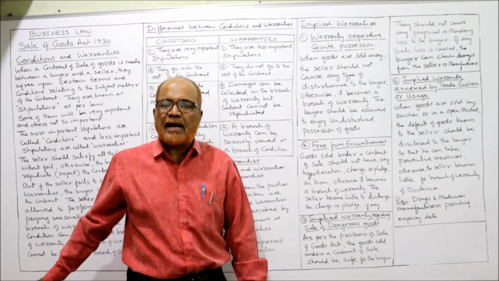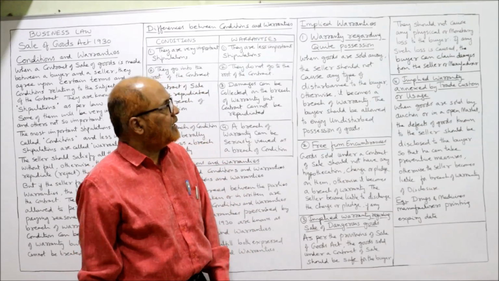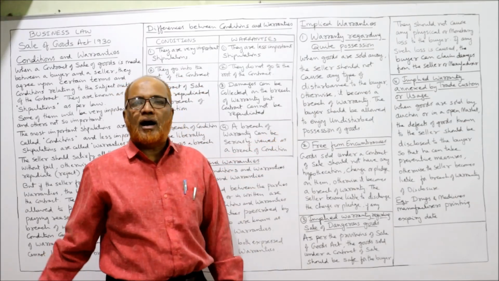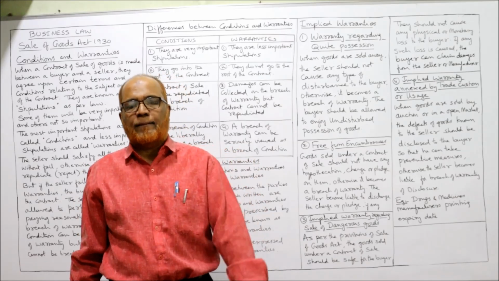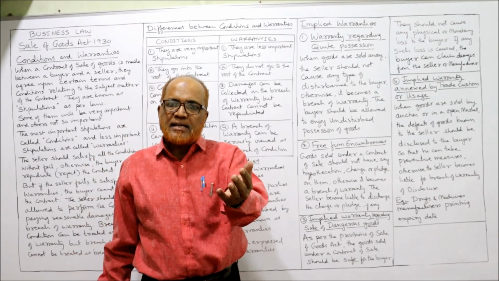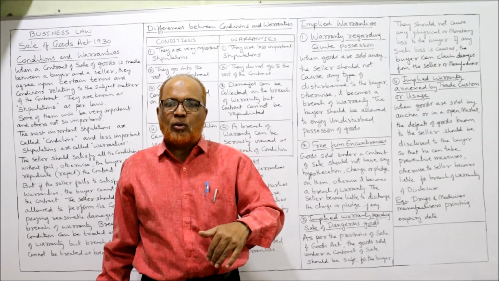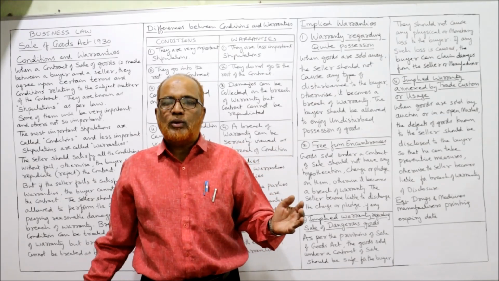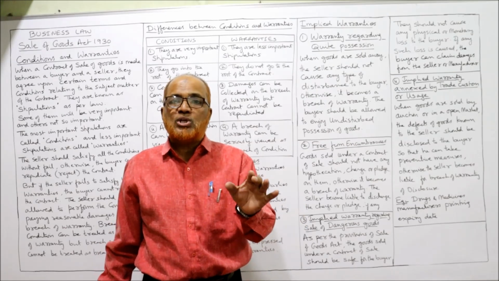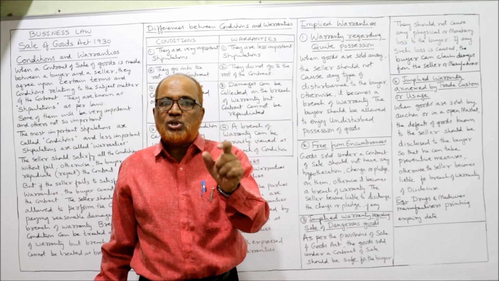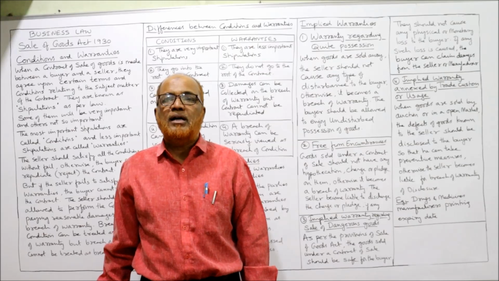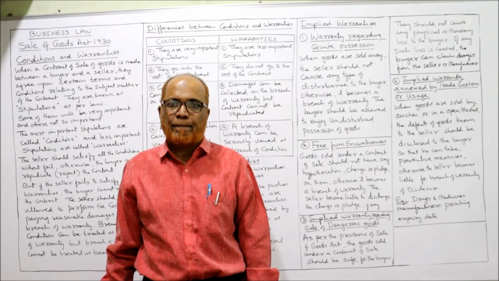The first implied warranty in a contract of sale is warranty regarding quiet possession. When the buyer has bought the goods from the seller, he should enjoy quiet possession of the goods. His possession should not be disturbed by the seller.